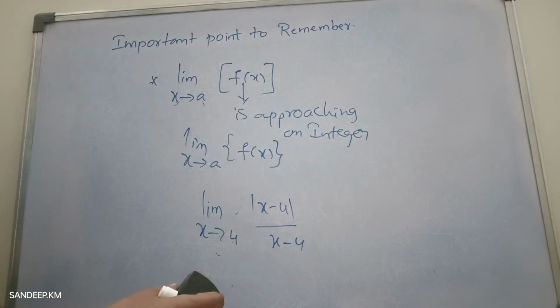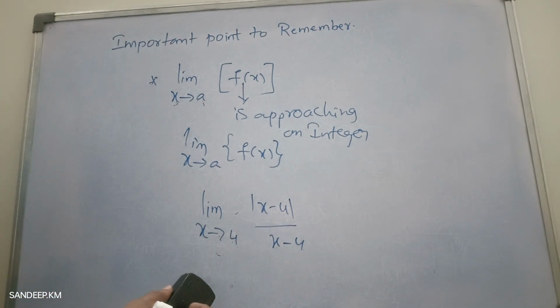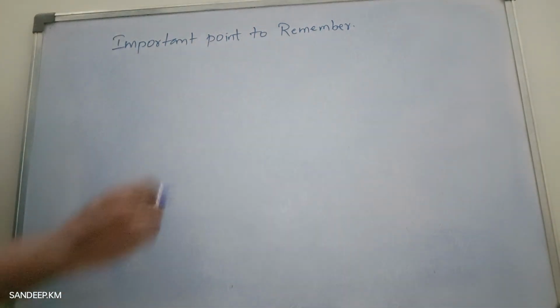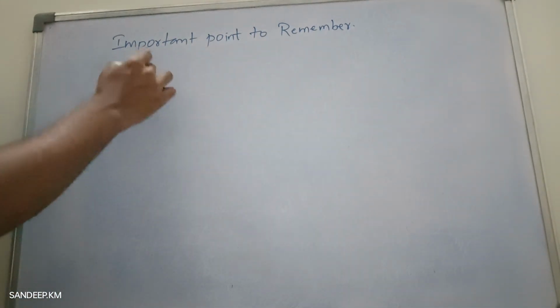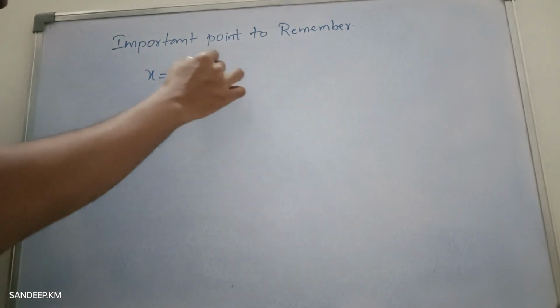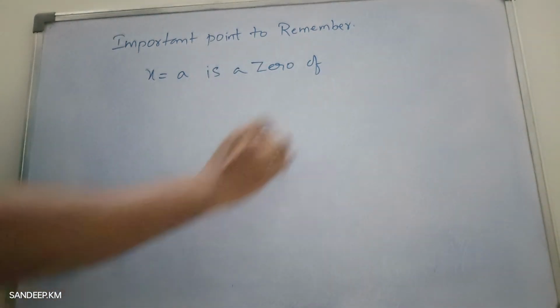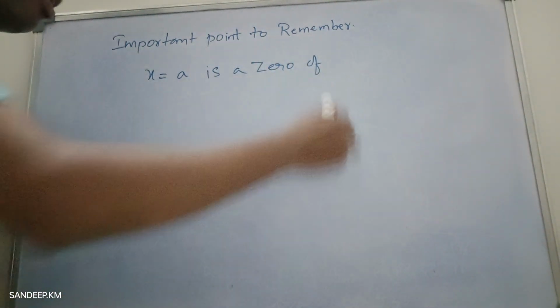Okay, now for these kind of functions also we have to find left hand limit and right hand limit. And one more important function is there where it's very important to check LHL and RHL. What is it? Dear students, let us assume that x is equal to a is a 0 of a polynomial or any function f of x.